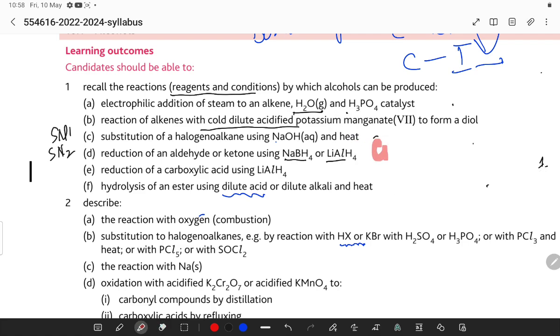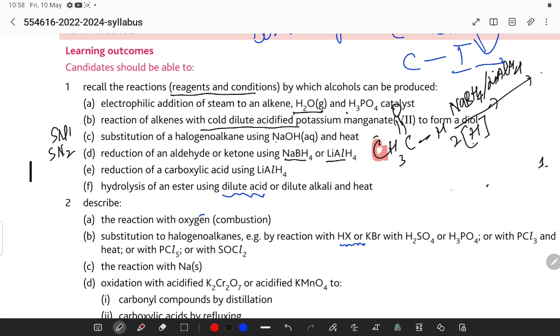CH3 CH2 C, this is aldehyde, H, NaBH4 or LiAlH4, in the presence of which hydrogen is added to form CH3 CH2 OH.